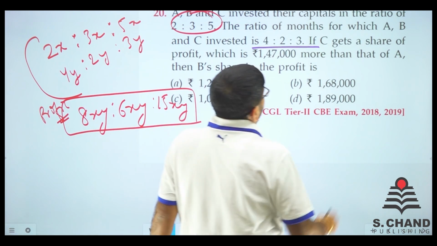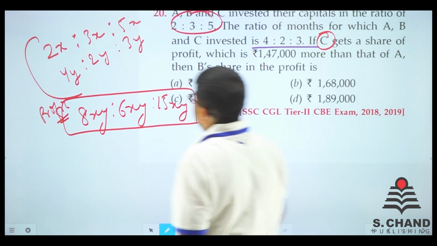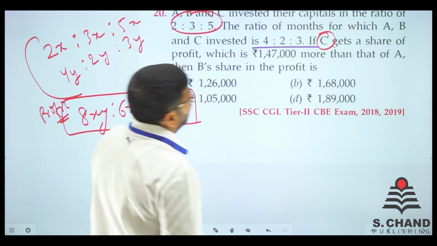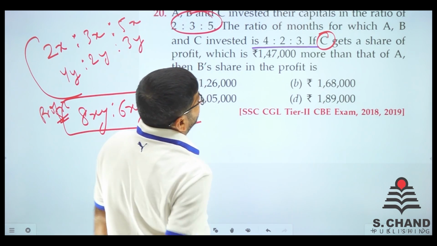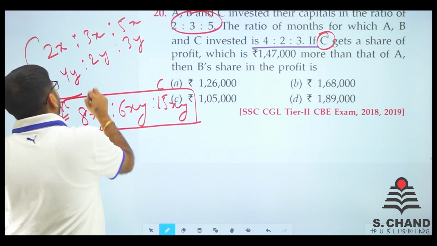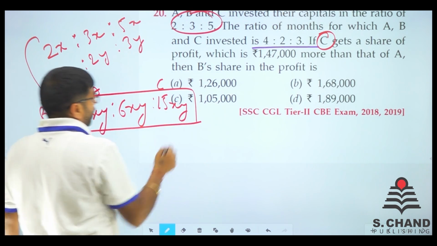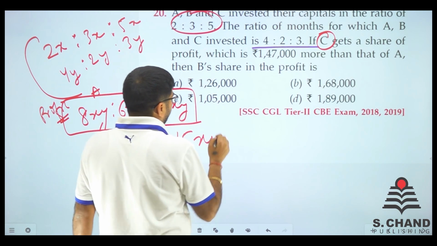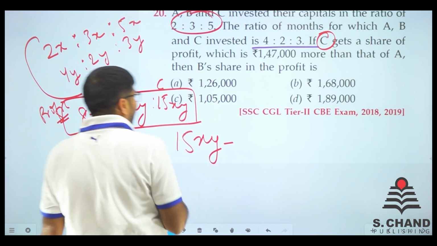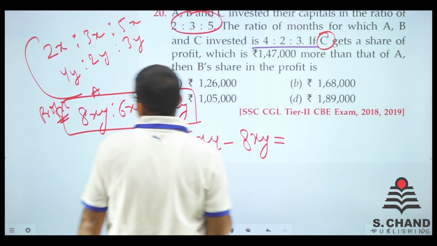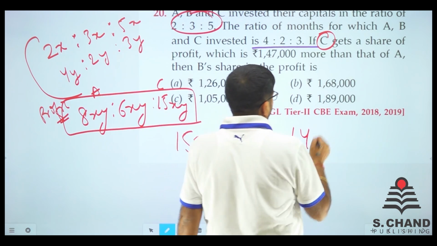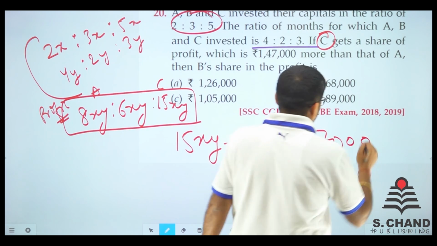Now it is given that if C gets, what is C's share? This one. If C gets a share which is 147,000 more than A, so what we do is 15xy minus 8xy is equal to what? That is given, 147,000, right?